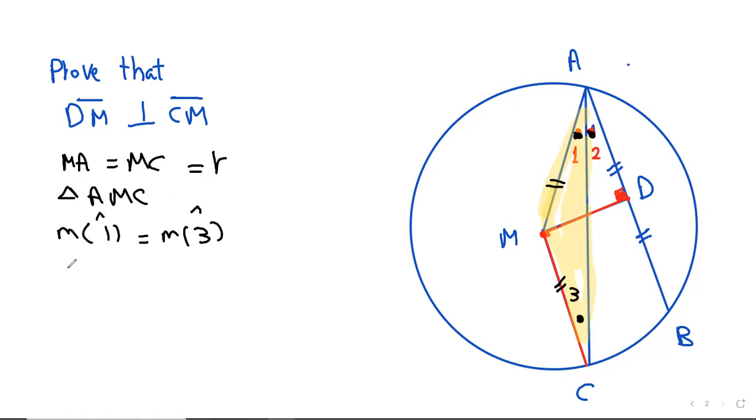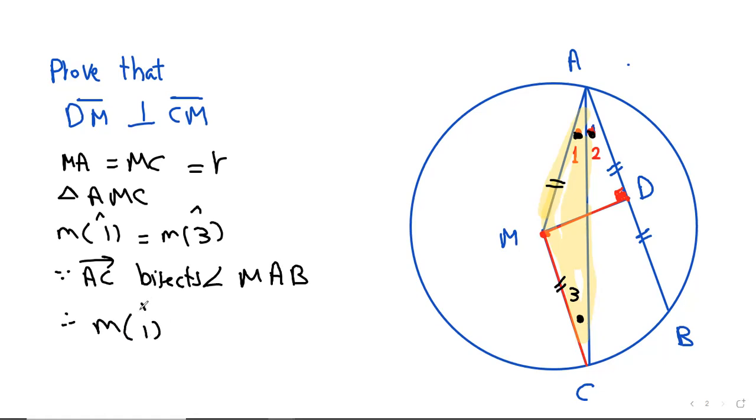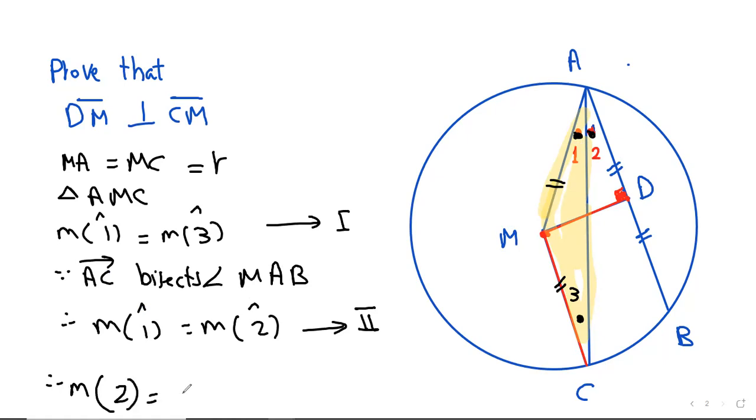And we have a given. This given is AC bisects angle MAB. Then the measure of angle 1 equals the measure of angle 2. 1 equals 2 and at the same time 1 equals 3. So from this and this, we can deduce that the measure of angle 2 equals the measure of angle 3.